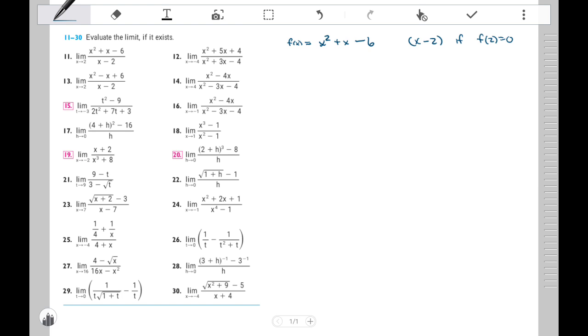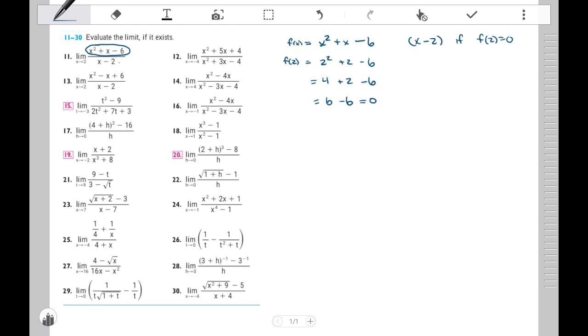So to check, if we put in 2, we get f of 2 is equal to 2 squared plus 2 minus 6, or 4 plus 2 minus 6, 6 minus 6, which is 0. So since this top part here is 0 when x equals 2, we know that we can factor out this bottom part.